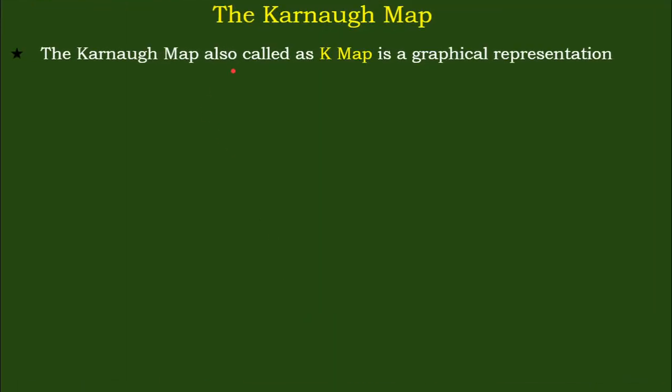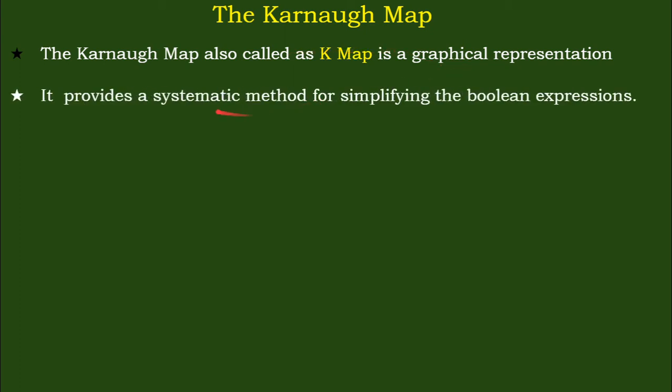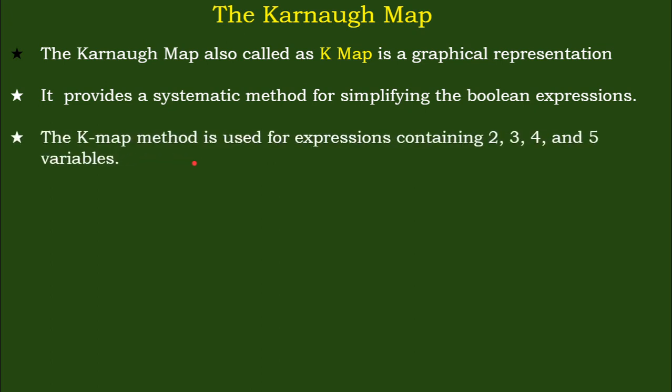Let us see what is the Karnaugh map. The Karnaugh map, also called the K map, is a graphical representation. It provides a systematic method for simplifying the Boolean expression. Normally, when we use a mathematical expression, we have some method to simplify the equation. In the same way the Boolean expressions also need to be simplified.